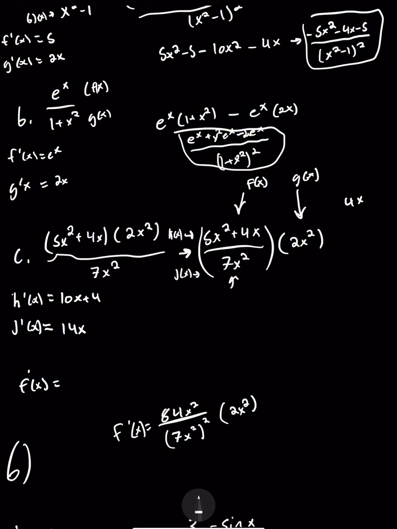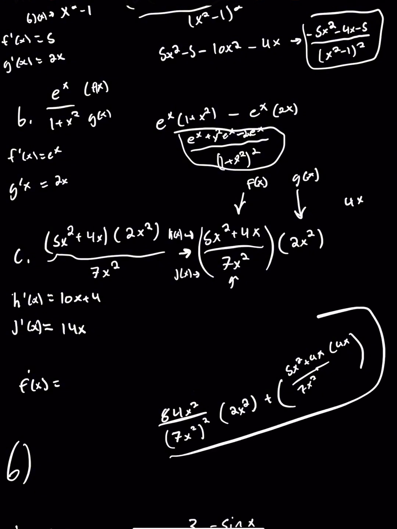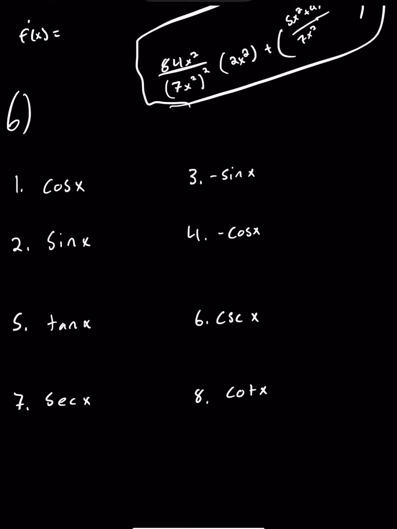So first we're going to take this, our f prime of x, we're going to times this by the regular, and then we're going to add it to 5x squared plus 4x over 7x squared times 4x. And that'll be your answer. I mean, you can FOIL it out more, but really this is all you need. That's your answer.